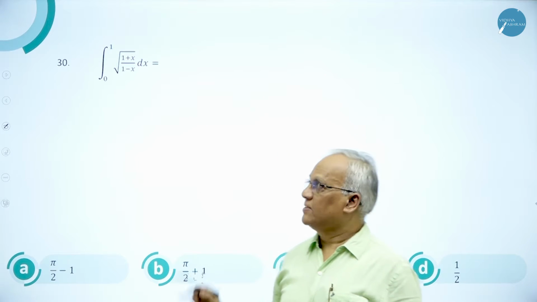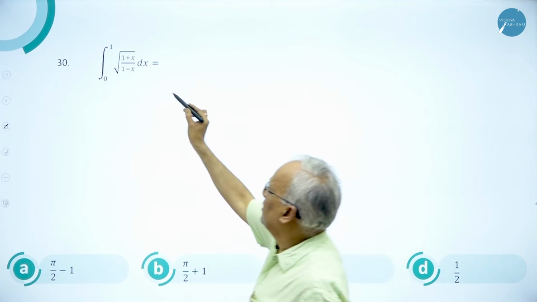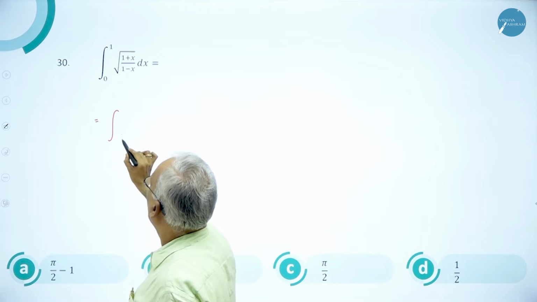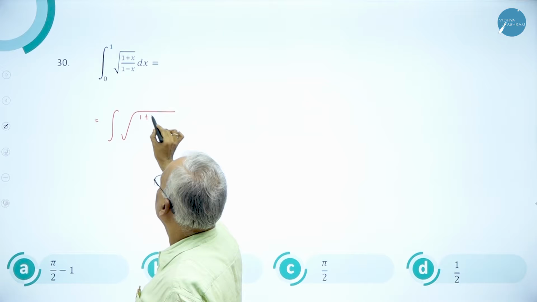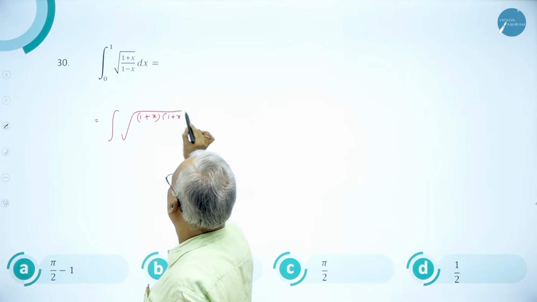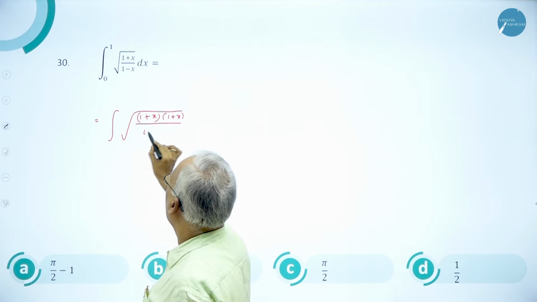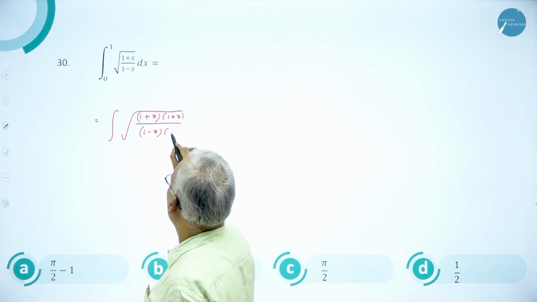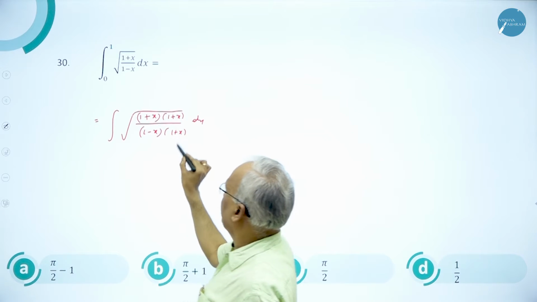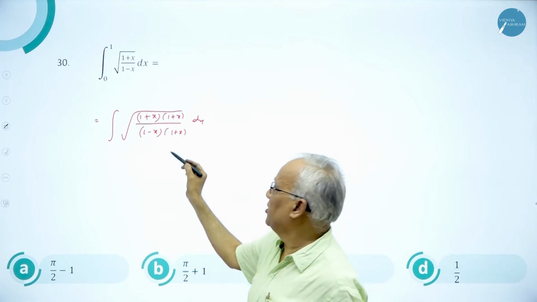So we shall take the 30th problem. This can be reduced to this form: integral of square root of 1 plus x into 1 plus x divided by 1 minus x into 1 plus x. I just multiply and divide by 1 plus x so that I can remove the root sign in the numerator.